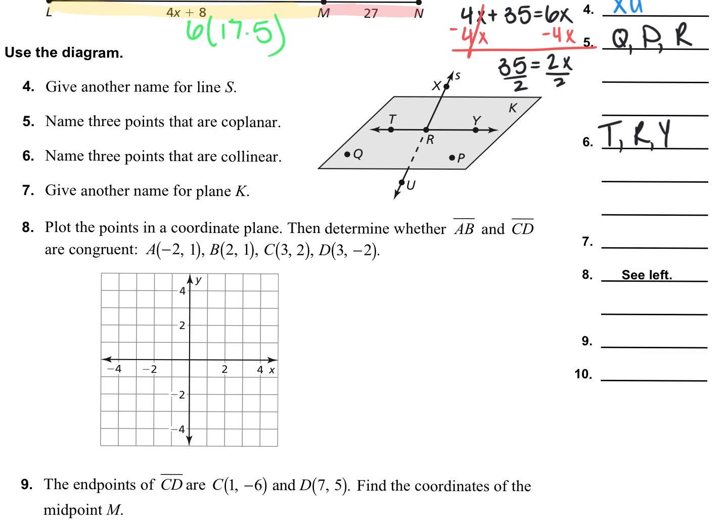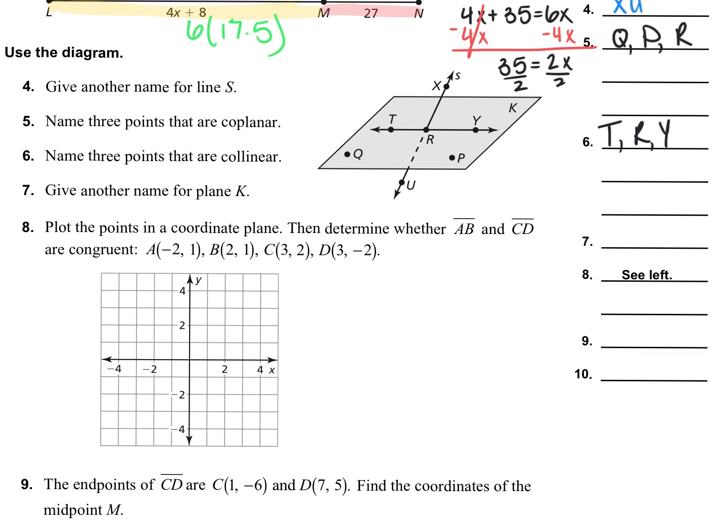All right, and it says give another name for plane K. Remember, there were ways to name a plane: by the letter or by 3 points. So who could give me another name for plane K? Point Q. What else?